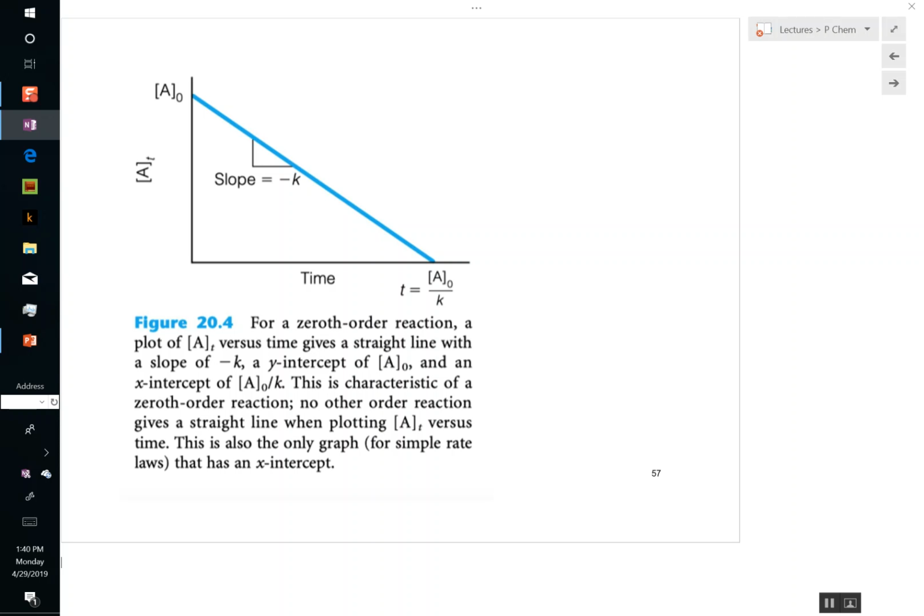On a zero order reaction, at two half-lives, the reaction is finished. So here's one case where this plot, a y equals mx plus b plot, actually does have a y-intercept and an x-intercept. It's not going asymptotically. That's zero order.